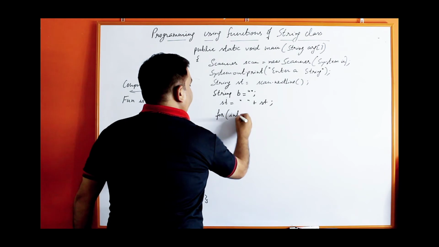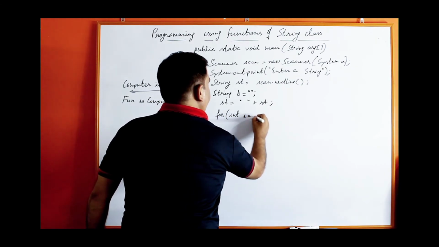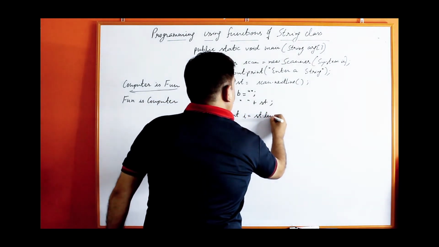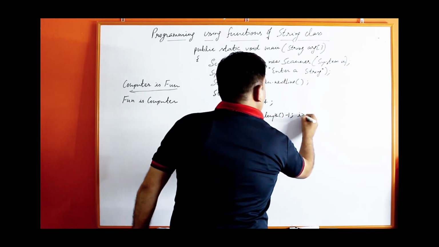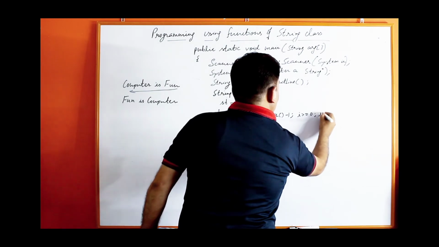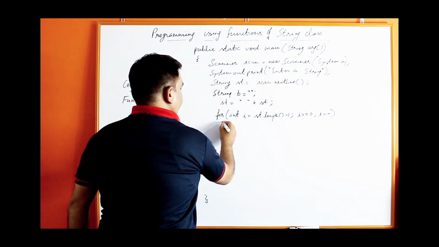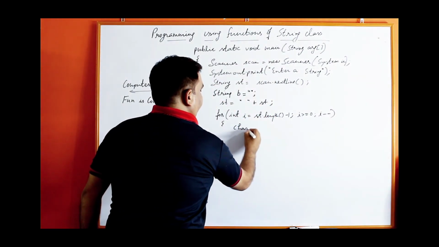Make the reverse loop, int i equal to st.length minus 1, i greater than or equal to 0, i minus minus. Extract the character.